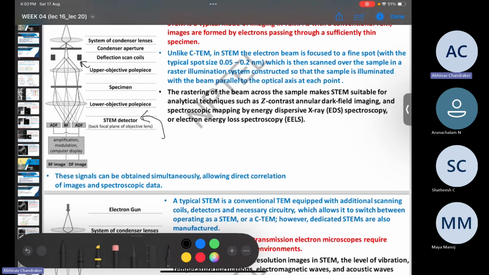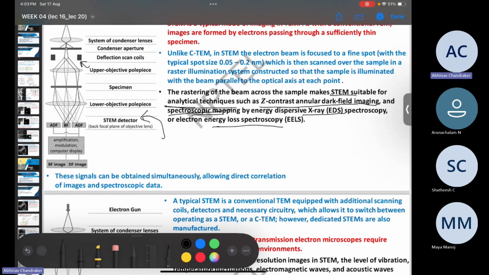Some more benefits of STEM is that you can have more analytical techniques such as Z contrast, angular dark field imaging, spectroscopic techniques such as EDS and EELS, which stands for electron energy loss spectroscopy.